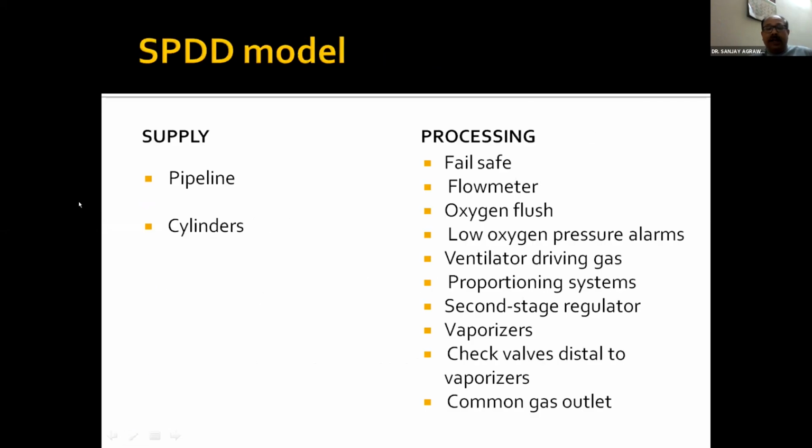For the S, the supply is by two modes, that is the pipeline and the cylinder modes. For the P, how the gases are mixed, the things are fail-safe mechanism, flow meters, oxygen flush, low oxygen pressure alarm, ventilator driving gas, proportioning system, second stage gas regulators, vaporizers, check valve, distal to vaporizer, and common gas outlet.